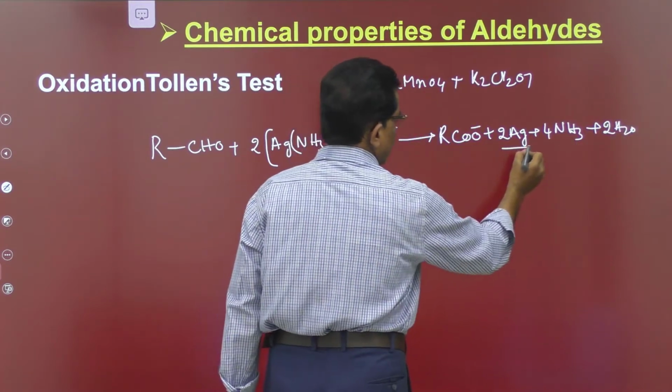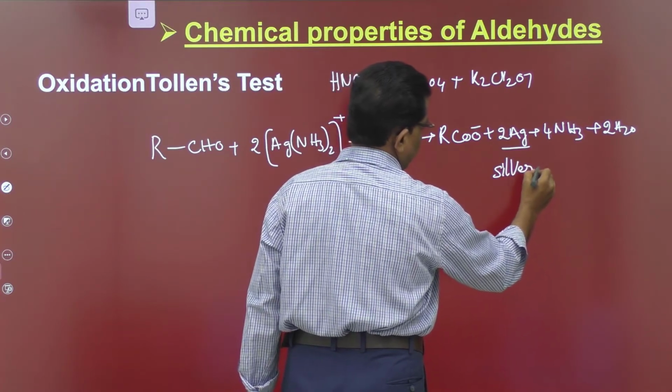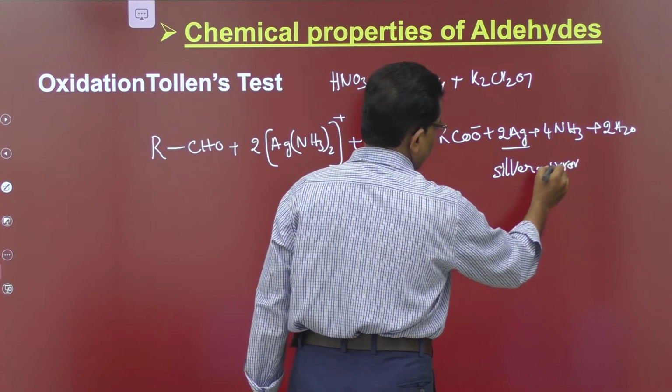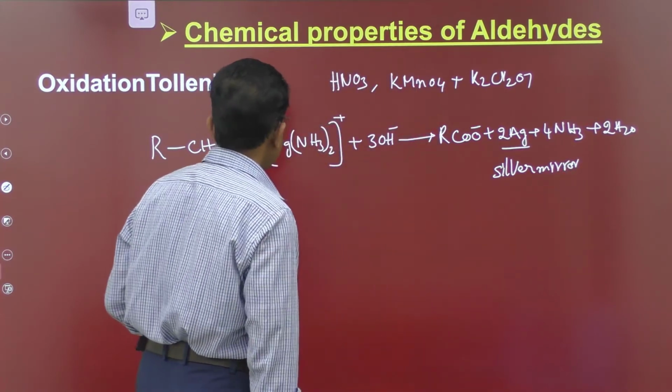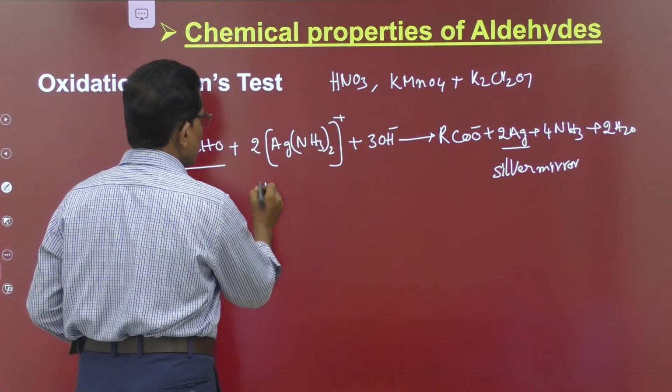Here a silver mirror is obtained. Aldehydes oxidized with Tollens reagent give a silver mirror.